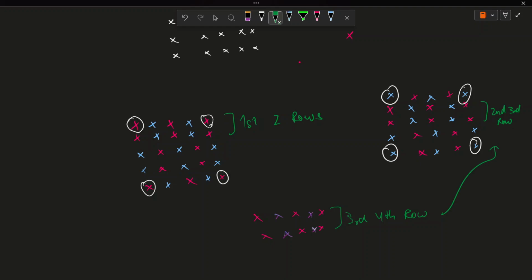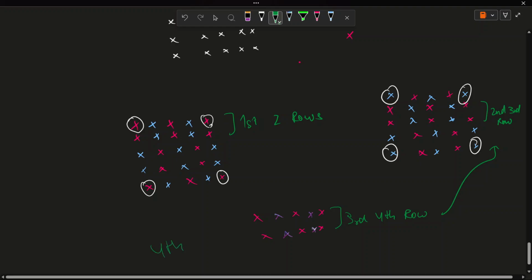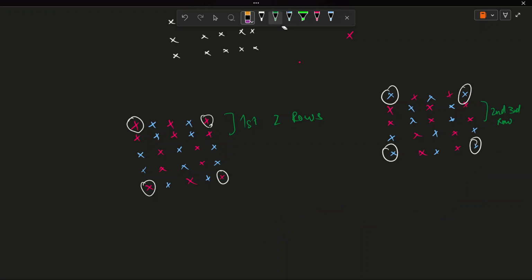Similarly, the fourth and fifth rows are the same as the first and second rows by reversing the diagram. So basically we are done with the case when two consecutive reds appear in the first row.